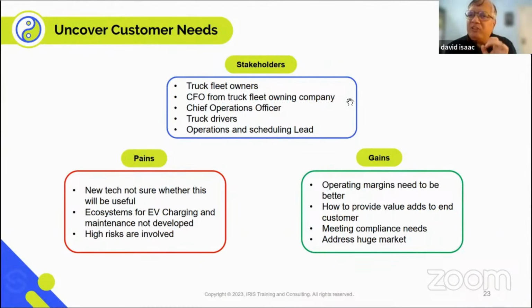Unless you create ecosystems of charging, of maintenance, of investment shifts, and then position yourself as a value add on a much wider canvas, you will never be able to address this market or break into it. So this kind of technique, the empathy map and others, helps you understand the stakeholder need.